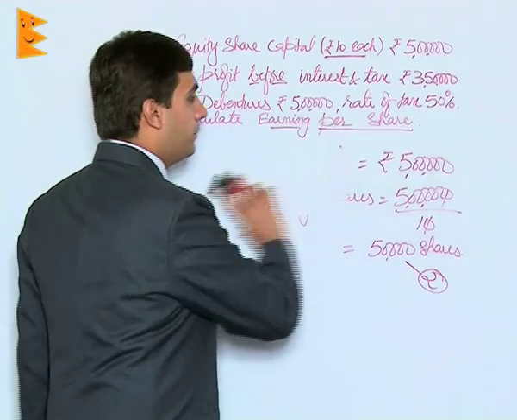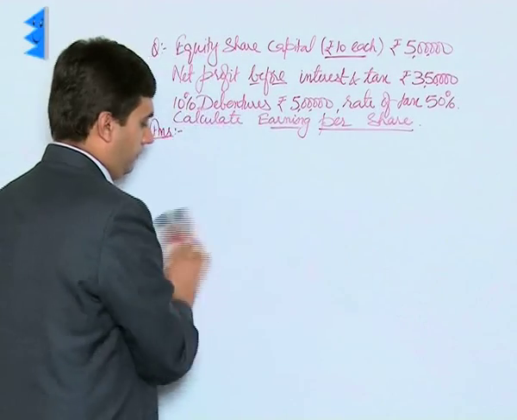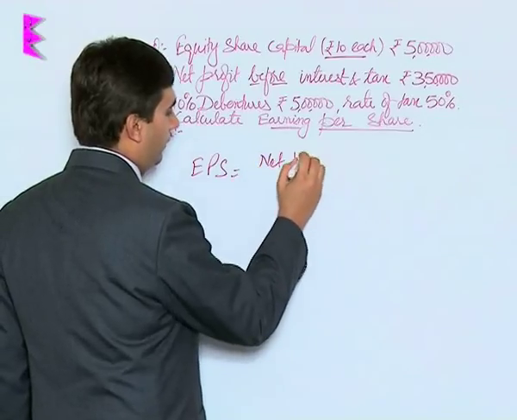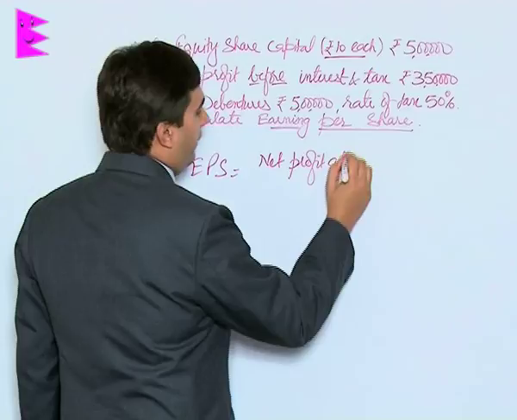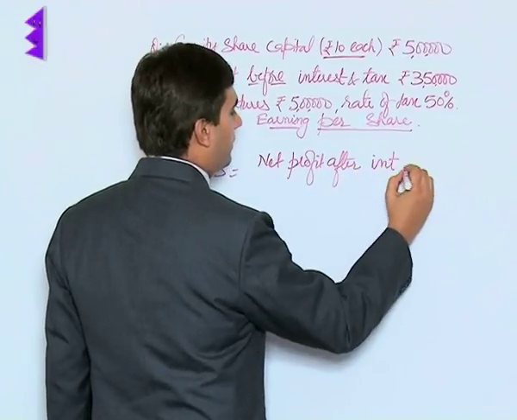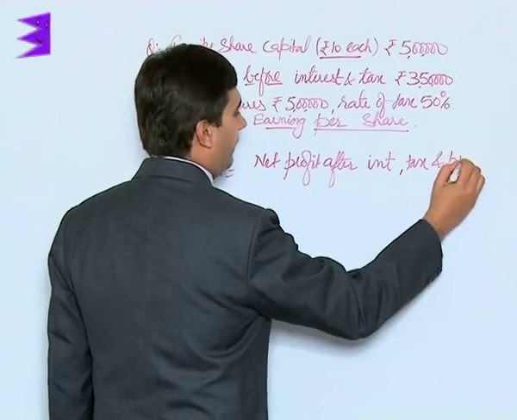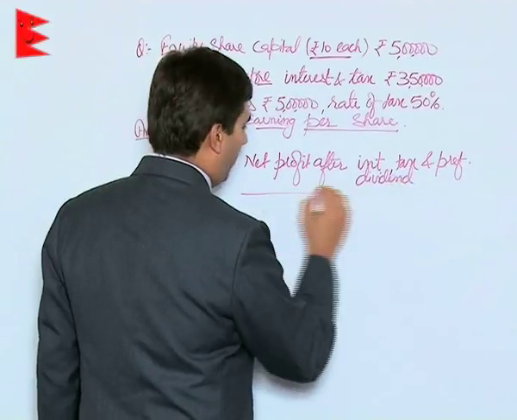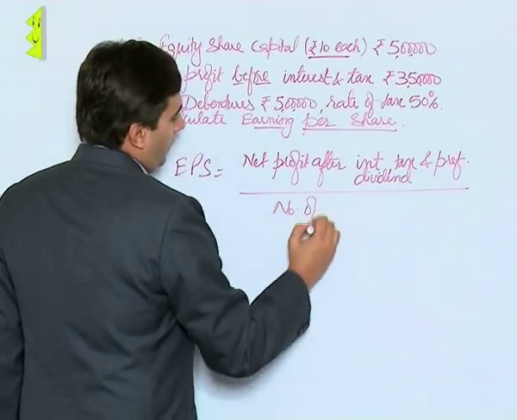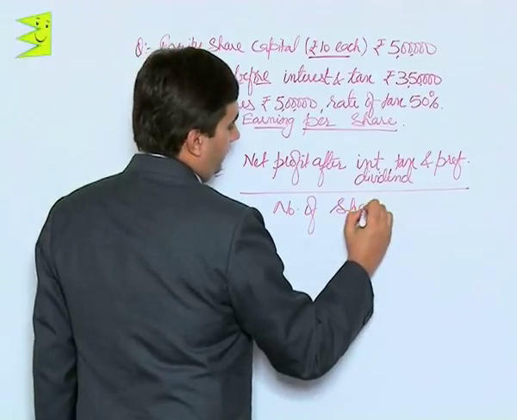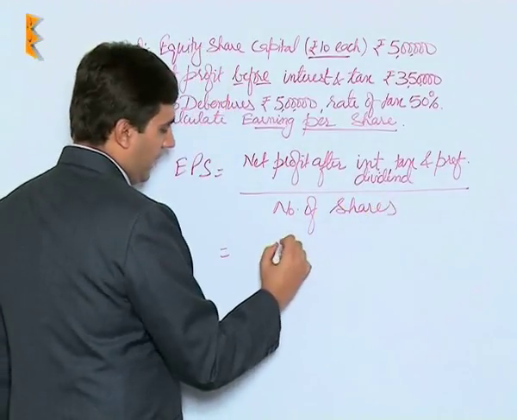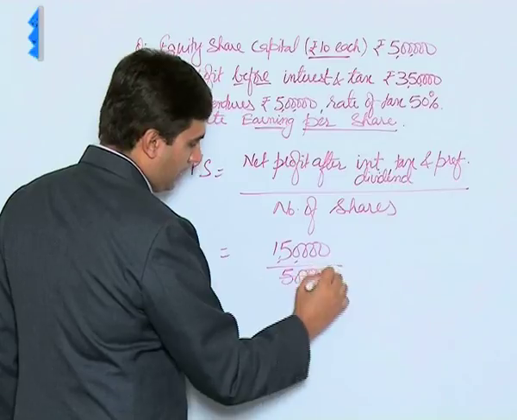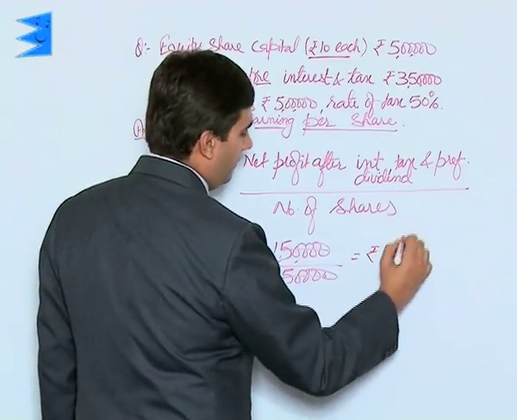So now our earning per share would be: EPS is equal to net profit after interest, tax and preference dividend upon number of shares, which in this case is 1,50,000 divided by 50,000, that is rupees 3 per share.